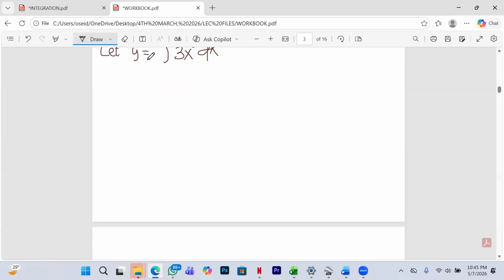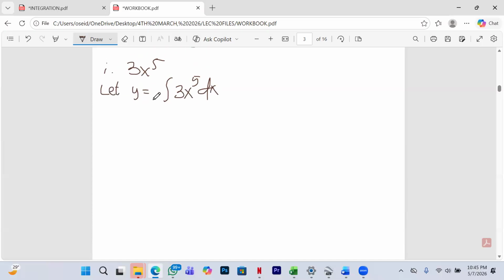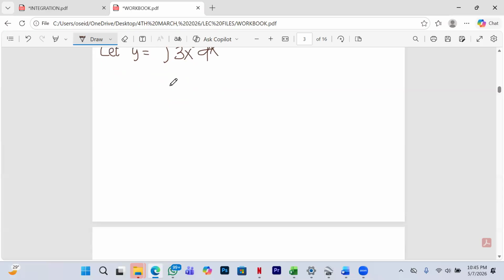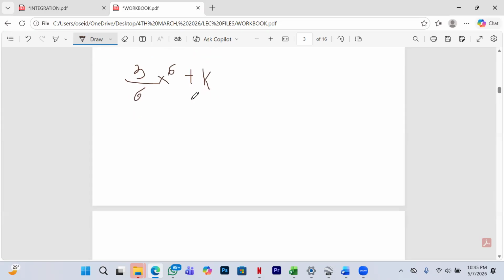All right, so we are going to get 3/6 x exponent 6 plus k. As easy as that.